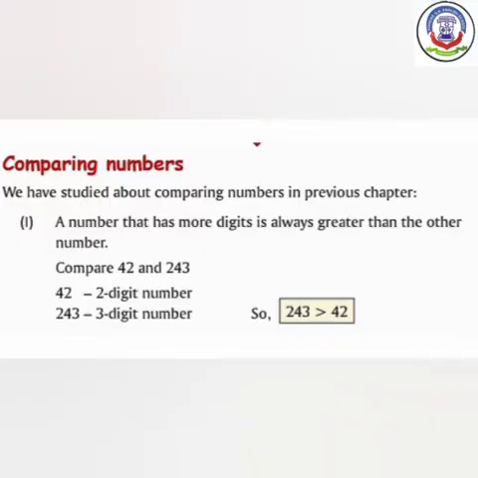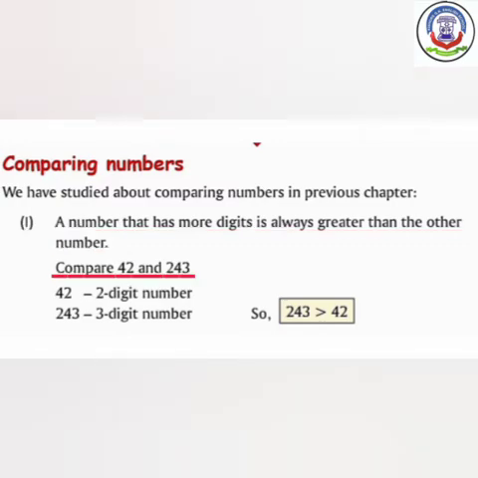Now, we will start comparing numbers. We have studied about comparing numbers in previous chapter. चैप्टर 1 में हमने 2 डिजिट नंबर्स को कंपेयर करना सीखा था. अब हम 3 डिजिट नंबर्स को कंपेयर करना सीखेंगे. A number that has more digits is always greater than the other number. जिस नंबर में ज़्यादा डिजिट्स होते हैं वह नंबर हमेशा दूसरे नंबर से बड़ा होता है.